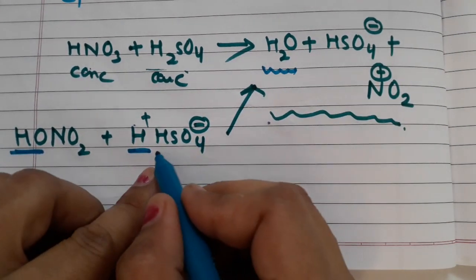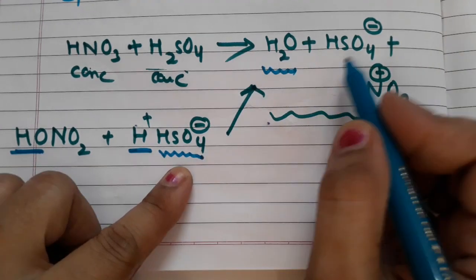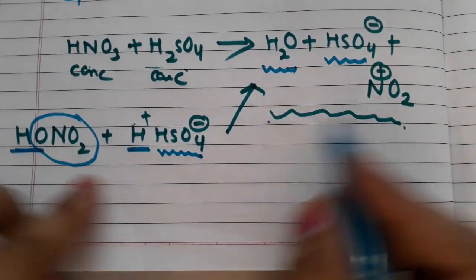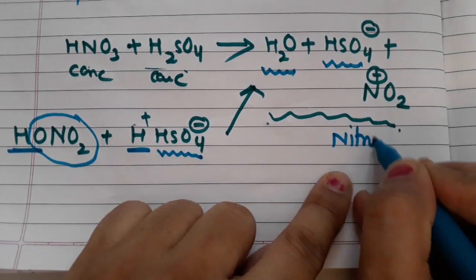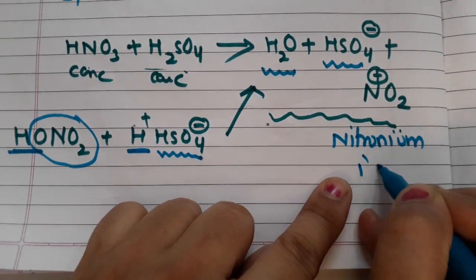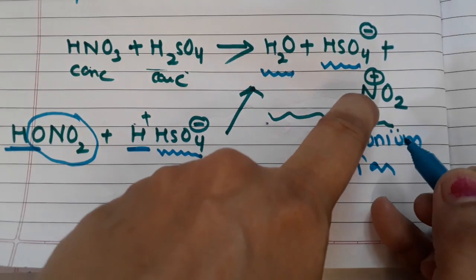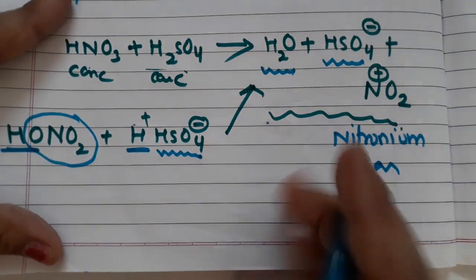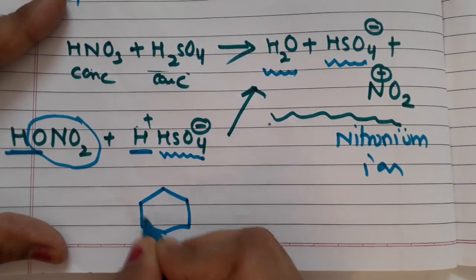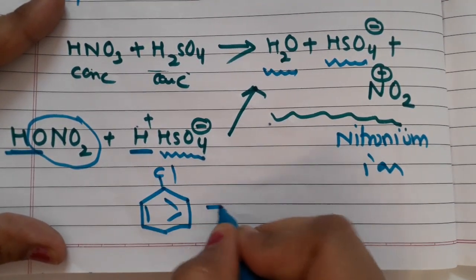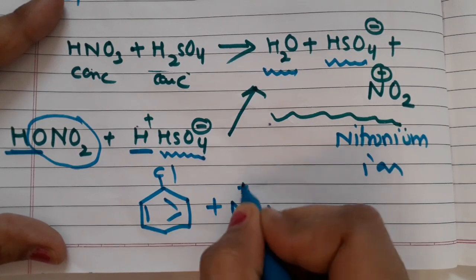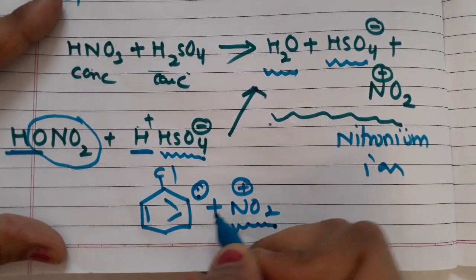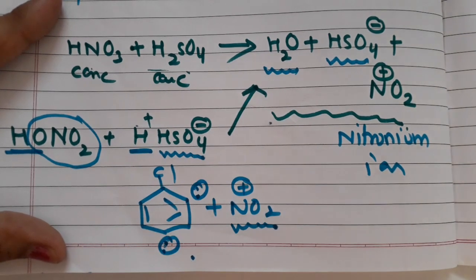Okay, now see this HSO4 minus, we got HSO4 minus and this is your nitronium ion. Students, it is having a positive charge, so it is in need of electrons, it is an electrophile. Okay, hence when chlorobenzene is there and you use nitrating mixture, it is actually the nitronium ion which will go and attack either at this place or at this place.